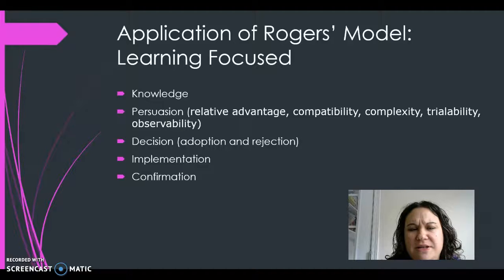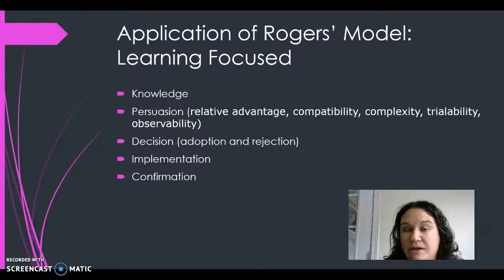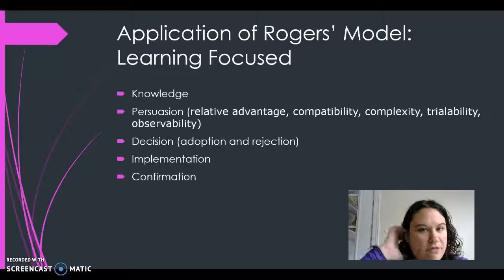So for the knowledge piece, a lot of people didn't know anything about learning focus when it was implemented. Now they do, and so now when new people come in or hear, oh, you're going to do learning focus training or whatever, they sort of have this, oh, I don't know, I hear it's a lot, or I don't know about that.